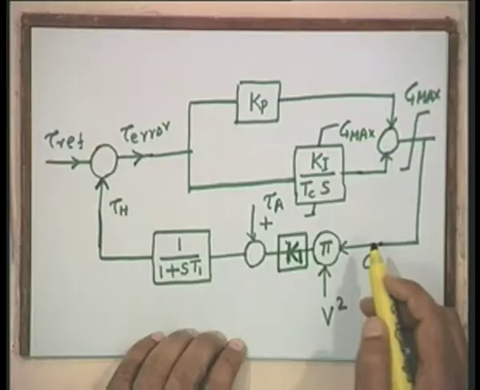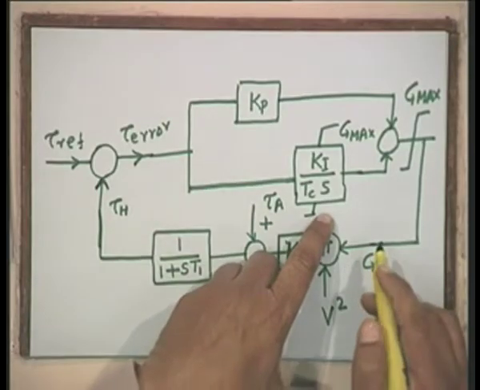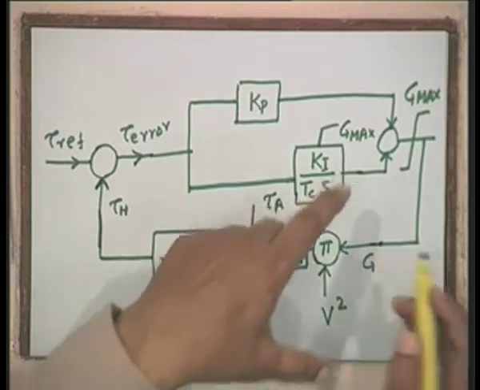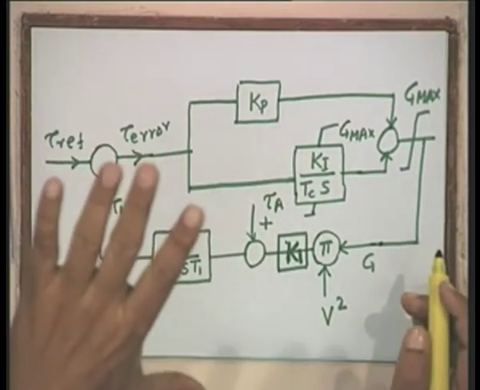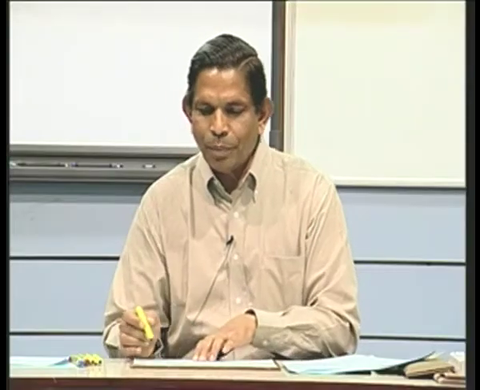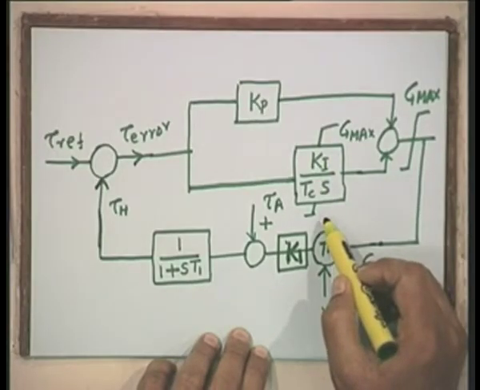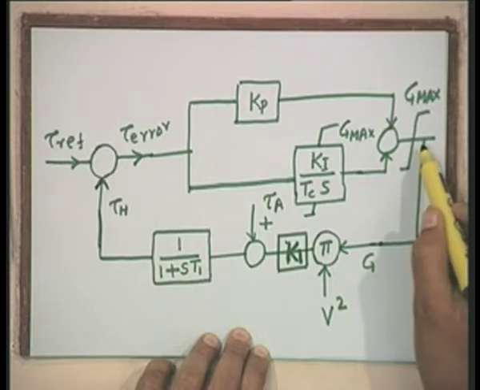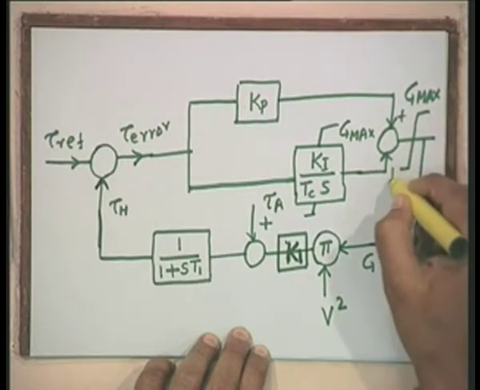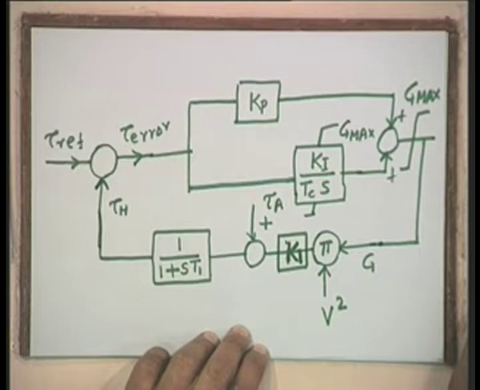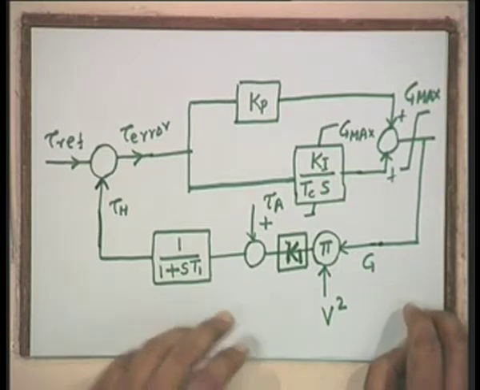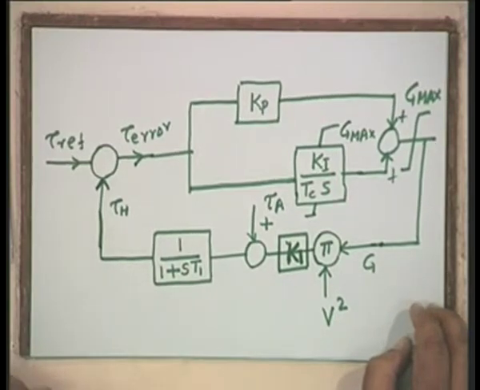But since we are using the integral also, we want the maximum conductance to be limited. Therefore the maximum limit may be touched either by the integrator or by the sum, because here it is plus. This is one way of representing thermostatically controlled loads.